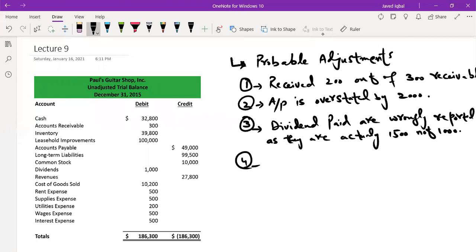Fourth probable transaction is rent expense is 400, not 500.